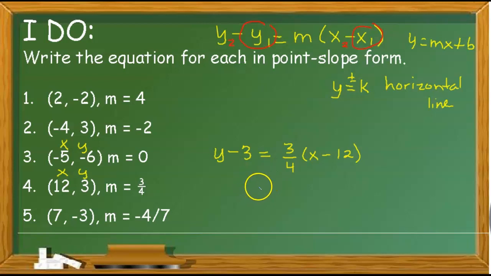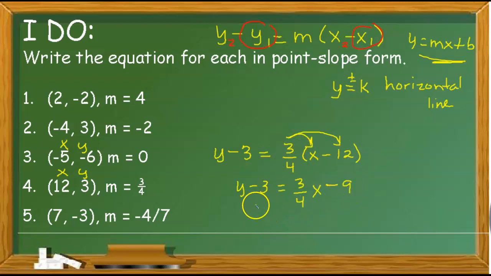Now, I'm going to take a minute just to work through this one. If it asks for it in slope intercept, you're going to need to remember we're distributing a fraction. So 3/4 times x would just be 3/4 x. 3/4 times 12. Well, 4 will go into 12 3 times. 3 times 3 is 9. And that's a minus 9.